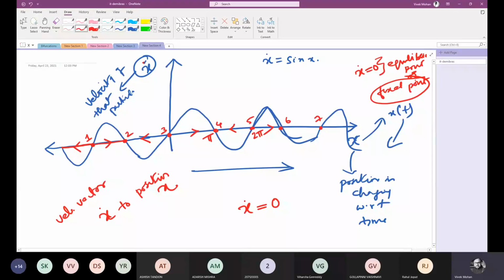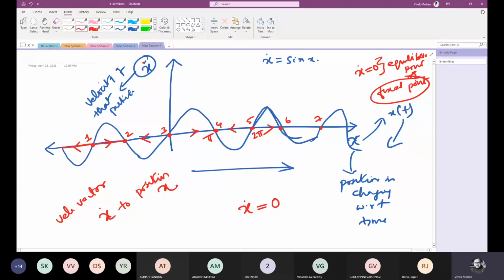We know that the velocity x dot is a vector. So if x dot is negative, as it is a vector, the direction reverses, right? That is why for positive x dots, we have followed a particular direction convention, and for negative x dots, we have followed another direction convention.